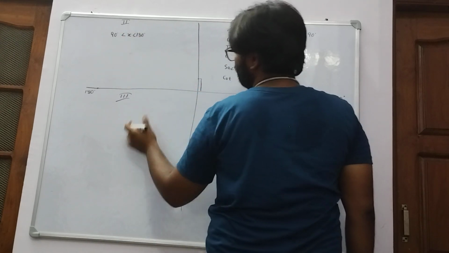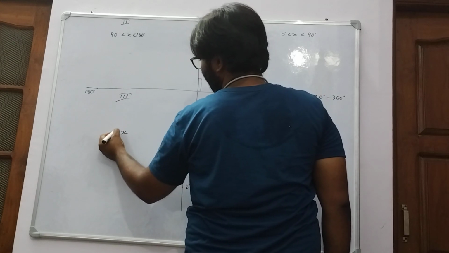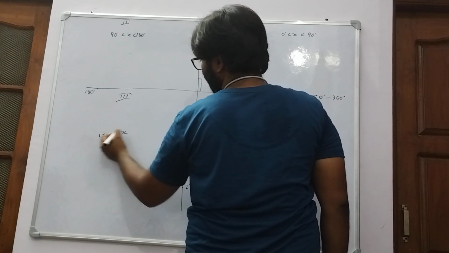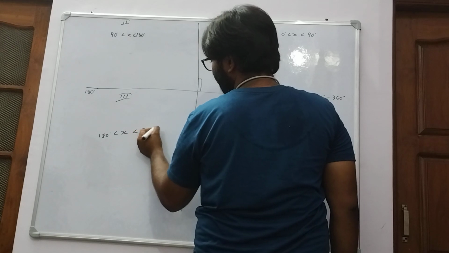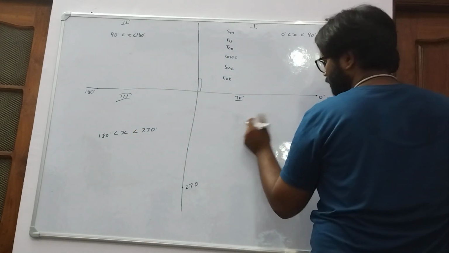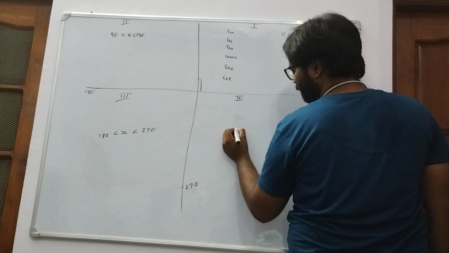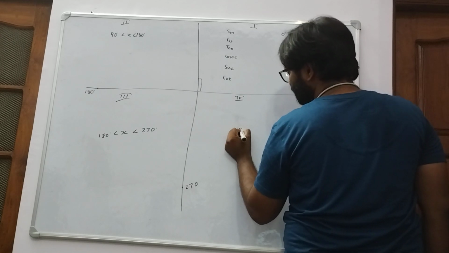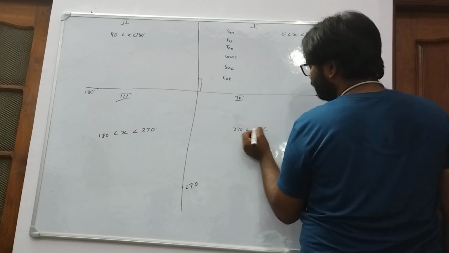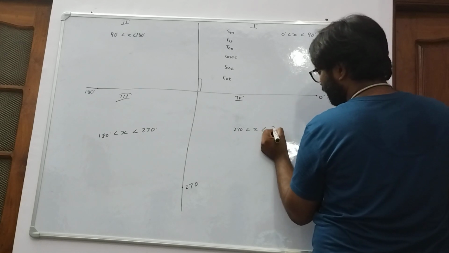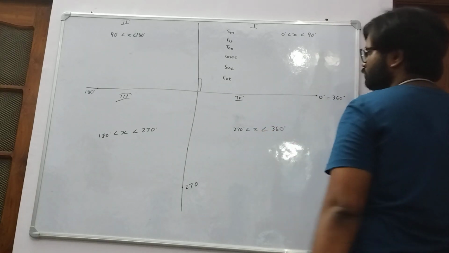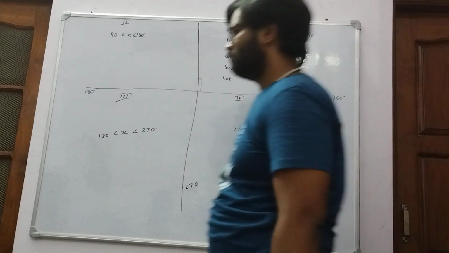Same goes over here: greater than 180 degree and less than 270 degree. And in this one, whatever we get would be greater than 270 degree and less than 360 degree. Yes or no? Okay. Just a moment.